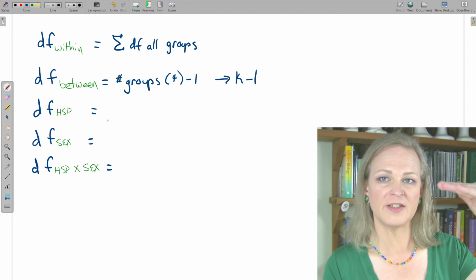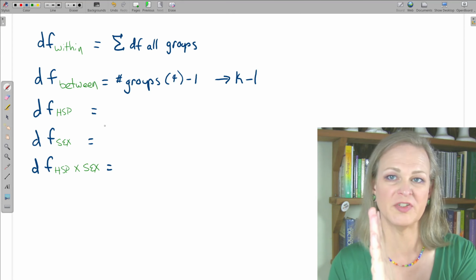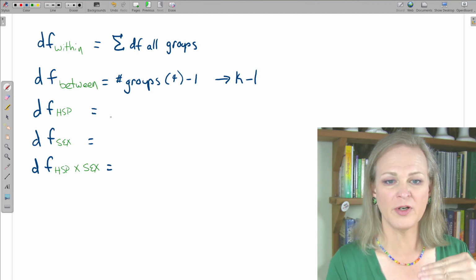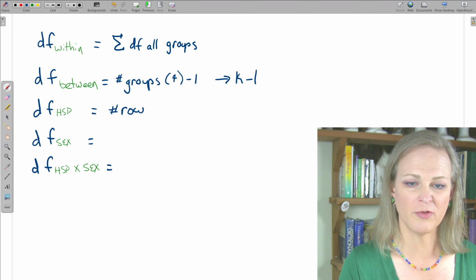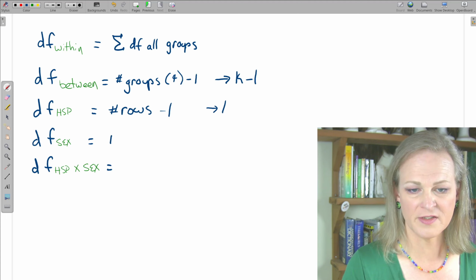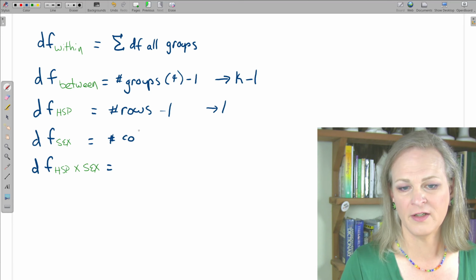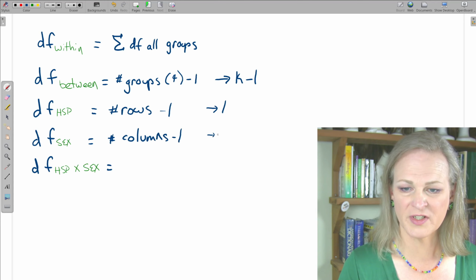So we did the HSP versus control in rows, and we did the females versus male in columns. So with the rows, the degrees of freedom is going to be the number of rows minus 1, which I've noted is 1. And this is the same idea here. The number of columns minus 1, which is also 1.